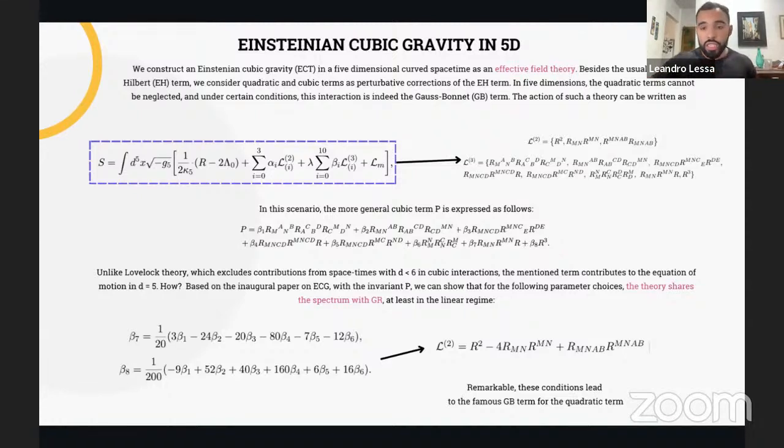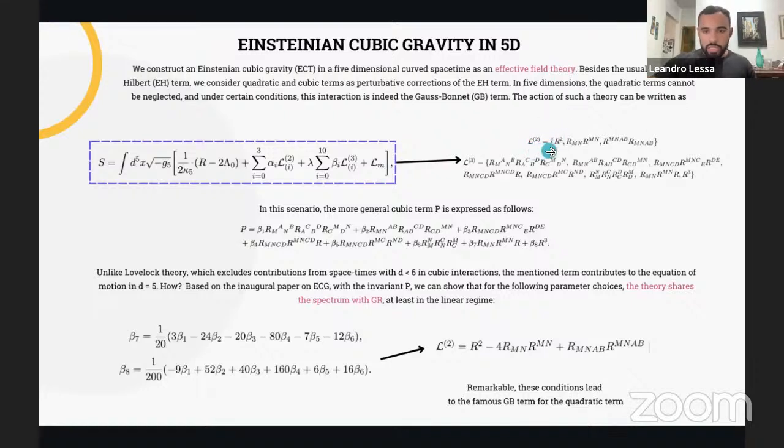Besides the usual Einstein-Hilbert term, you consider quadratic and cubic terms as perturbative corrections of the Einstein-Hilbert term. Here, of course, the quadratic term cannot be ruled out, because we have 5 dimensions, so this term is important. So in this action, we have the Einstein-Hilbert term plus the quadratic interaction, then the cubic interaction, plus the matter Lagrangian.